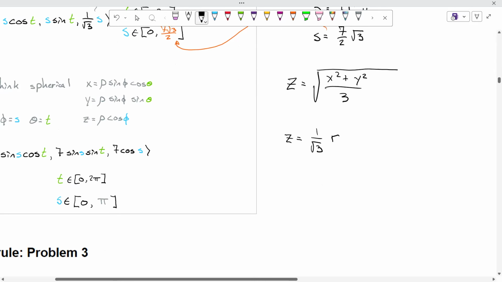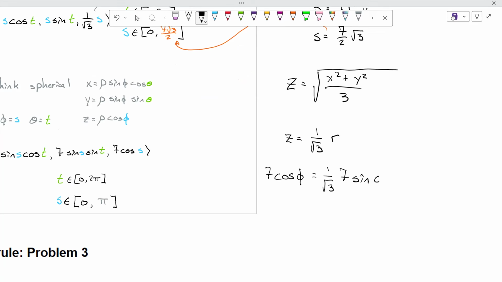Z is going to be 7 cosine phi. 1 over root 3. R is 7 sine phi. Oops, sine phi. And I need to solve that equation for phi. So I am going to group my phi's on the right side of the equation. I'm going to multiply the root 3 over to the left side of the equation. So this is 7 sine phi divided by 7 cosine phi, which is just tangent phi.